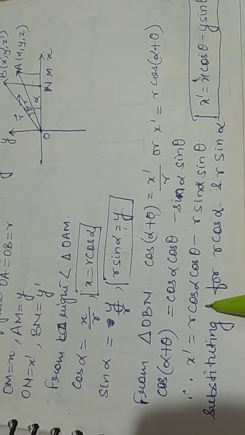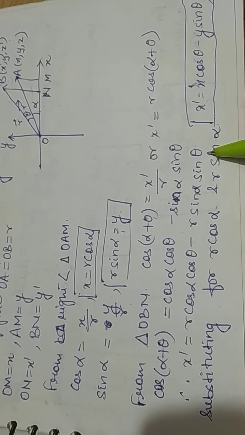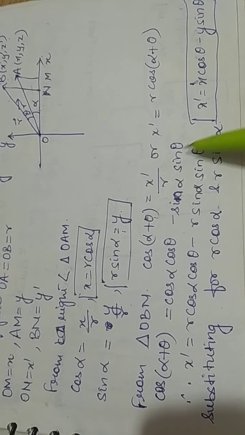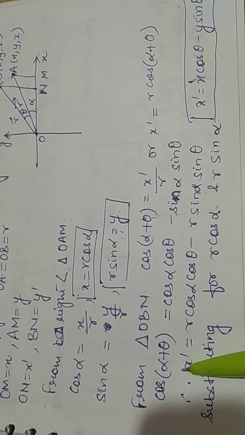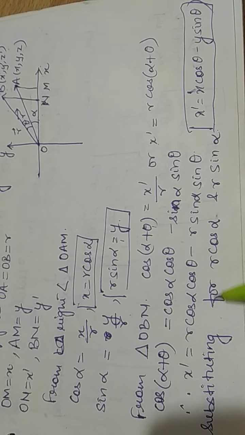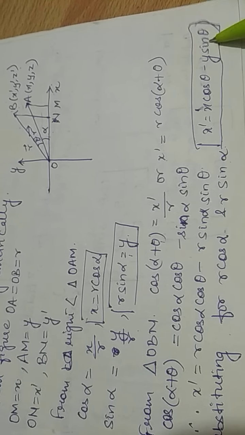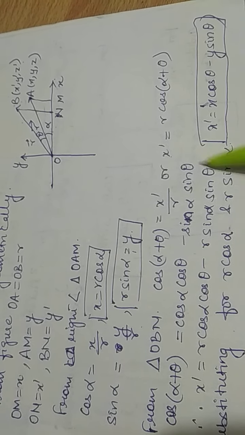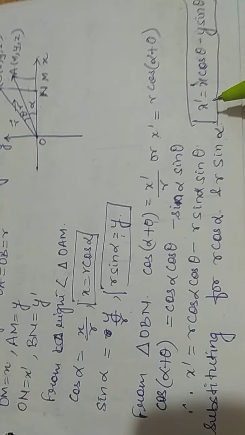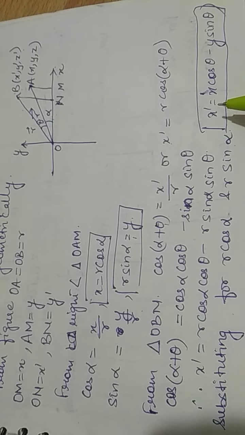Therefore x prime is equal to r cos alpha cos theta minus r sin alpha sin theta. Just see it carefully. Is it okay? So substituting for r cos alpha and r sin alpha, x prime becomes x cos theta minus y sin theta. That's all. We have brought this prime value in terms of theta.